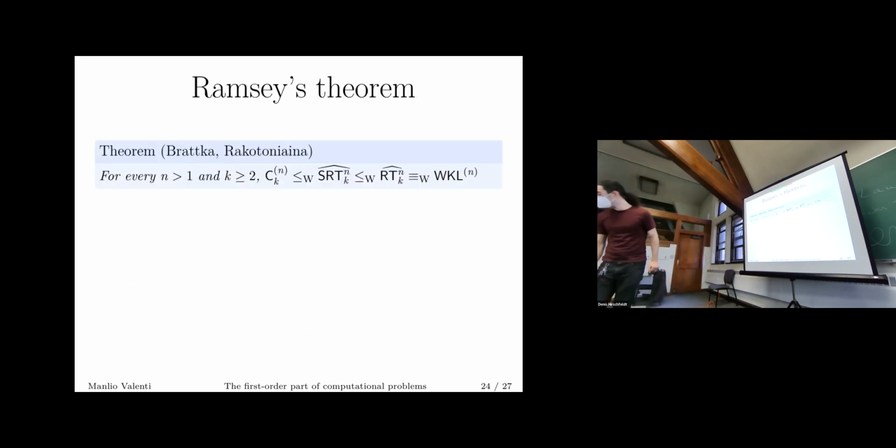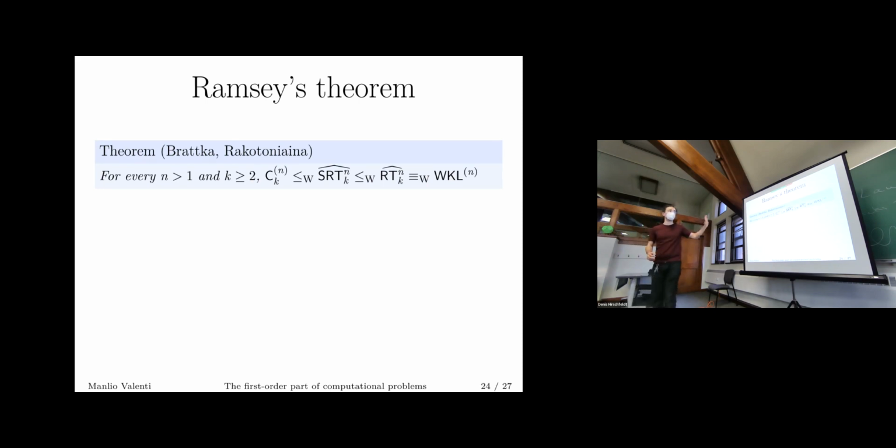So one last thing to conclude the talk is Ramsey, because you cannot miss. So this is a classical result by Vasco Brattka, Cano, and Rakotoniaina, who present a bunch of results on the Weihrauch degrees of RT n k, varying n, varying k, and similarly for stable Ramsey theorems, and so on and so forth.